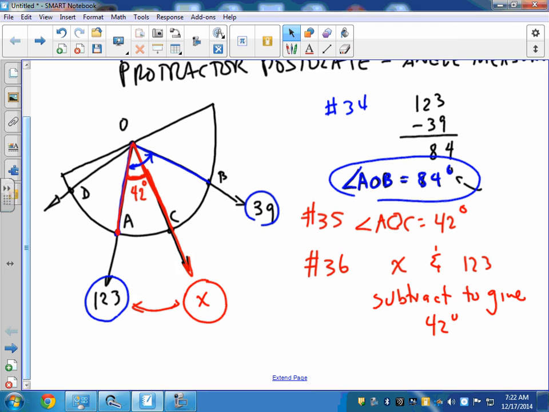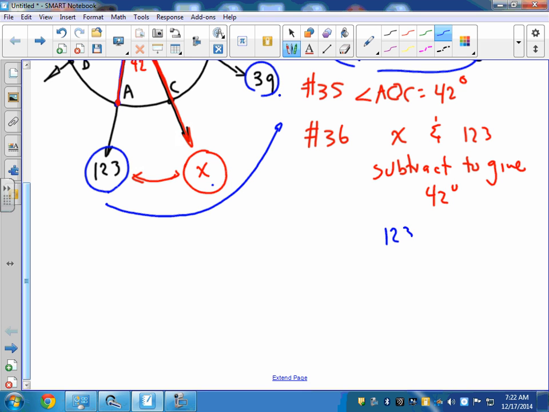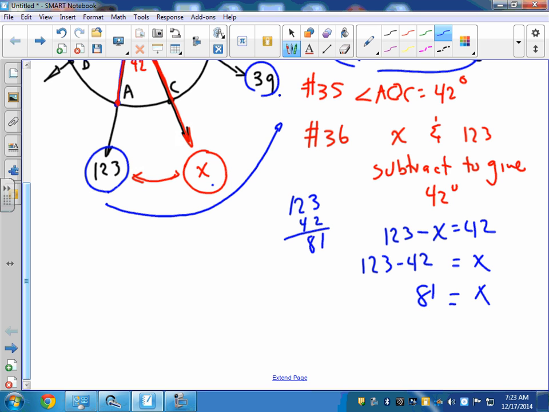Because number differences measure angles. Now, looking at the protractor, you can sort of suspect that the numbers are going to be getting smaller as you go this way. Here's 39, here's X, here's 123. So it looks like when we set up our little equation, we want 123 subtract X to be 42, right? So X is going to be 123 subtract 42, so there's 1 and 8. X is going to be 81, and that's the coordinate that will fit here, okay, 81.